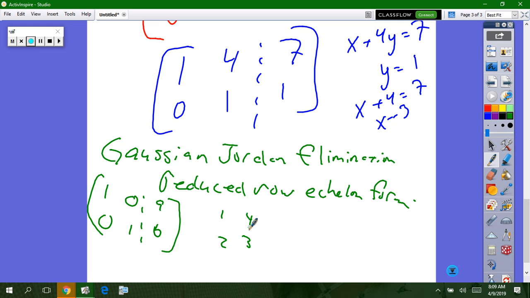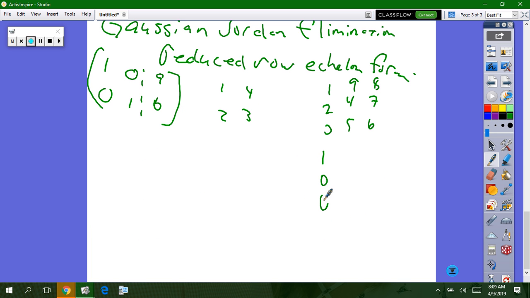Okay? If I had a 3 by 3, I'd go 1, 2, 3, 4, 5, 6, 7, 8, 9. What I'd have here, if it was in reduced row echelon form, for a 3 by 3, it would go 1, 0, 0, 1, 0, 1, 0, 0.